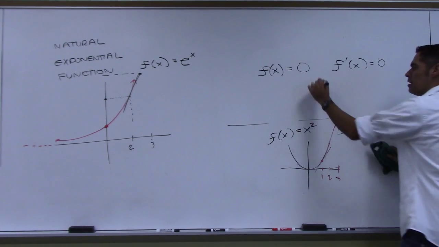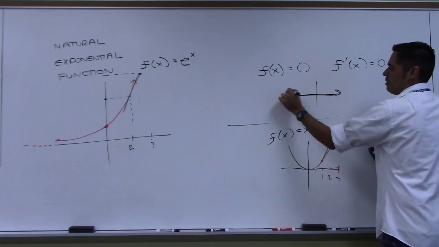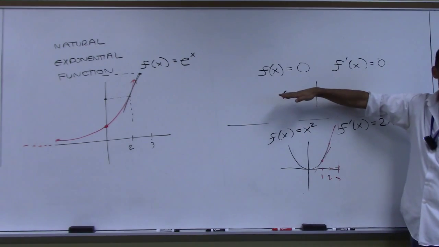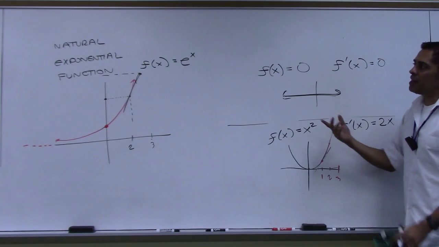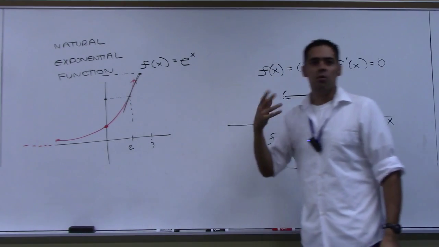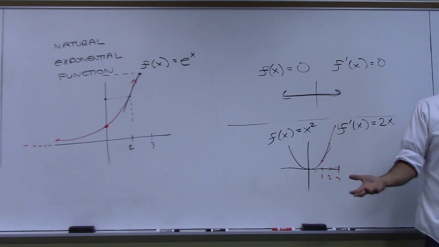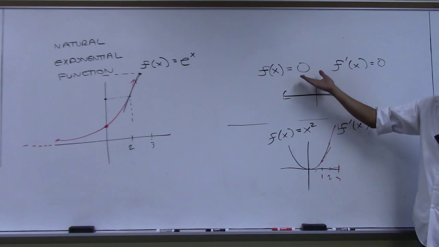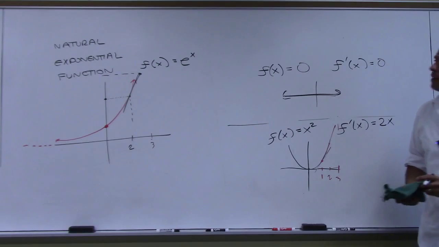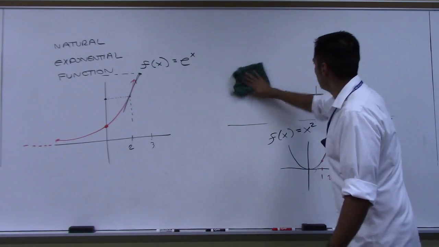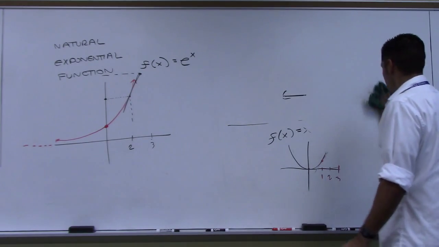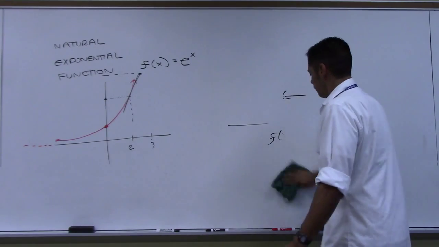What does that function look like? A flat line, right? How boring is this? This is a very boring function. So what we say is that e to the x is the only non-trivial function that is its own derivative. This function is trivial. All right. So it is the only function that is its own derivative.